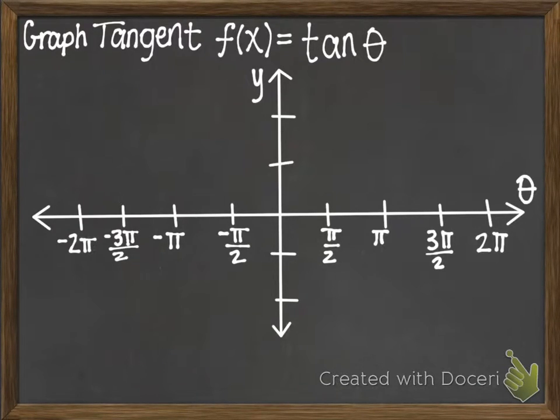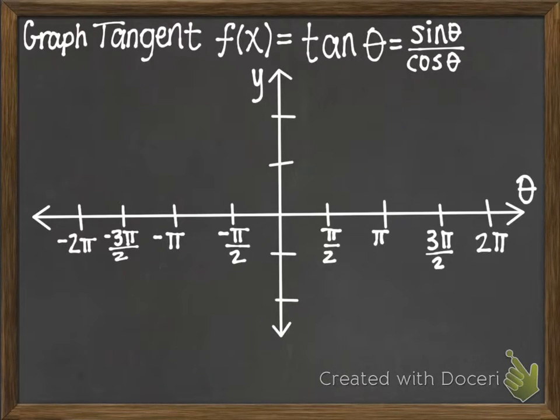Tangent is sine over cosine. So when you're figuring out tangent values, yes, you could think of it as sine over cosine, or maybe some of you have already memorized the tangent values going around the unit circle. Either way, we're good to go.